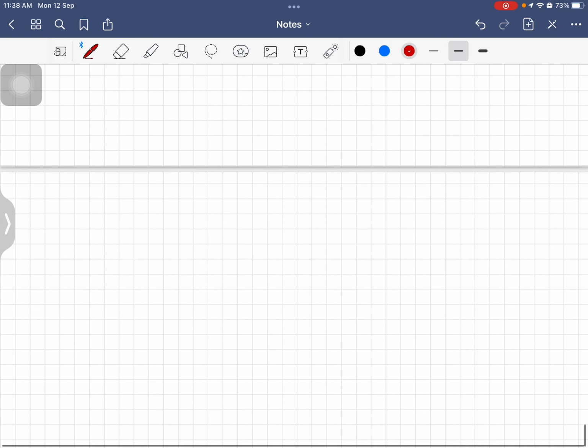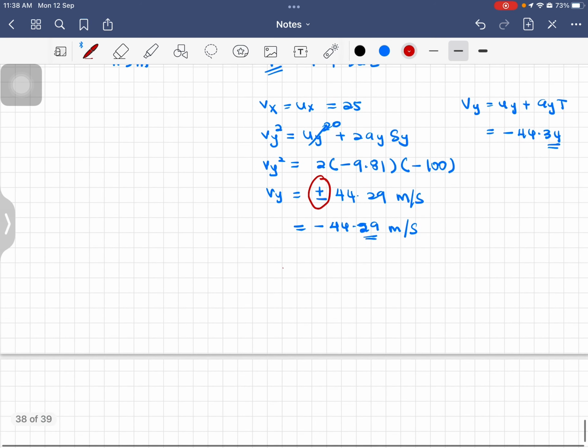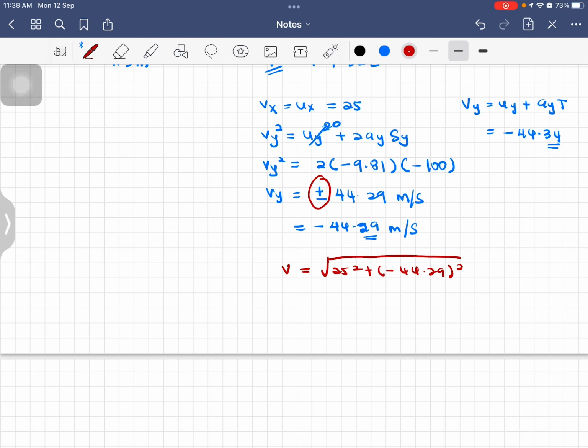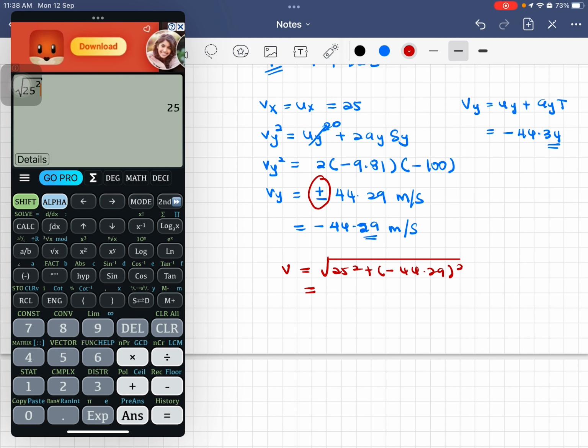What you need to do now is to find the V. Nak cari V, kita guna Pythagoras theorem. Plus negatif 44.29 square. Okay. Akan dapat 25 square tambah dengan negatif 44.29 square. So, your velocity is 50.9 meter per second.